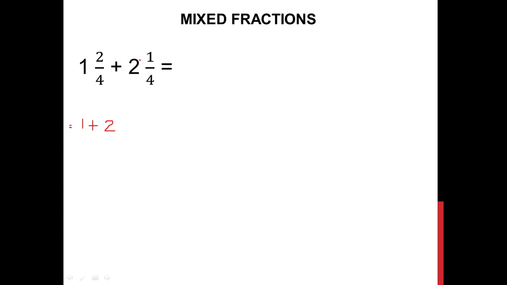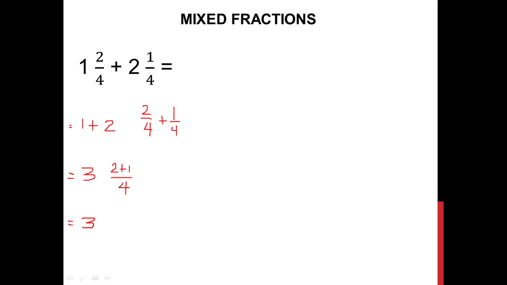Then we'll also add the fractions separately. So 2/4 plus 1/4. There. So we have here 1 plus 2, that's 3. And since the fractions are similar fractions because they have the same denominator, let's just copy the denominator and add the numerators. That's 2 plus 1.